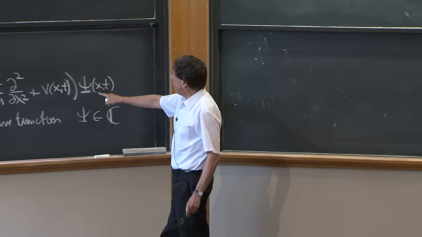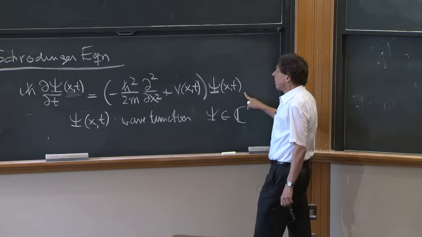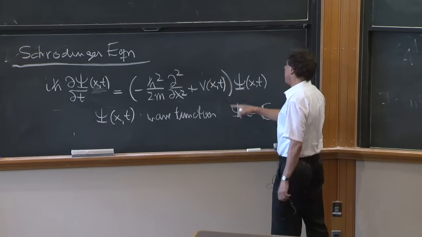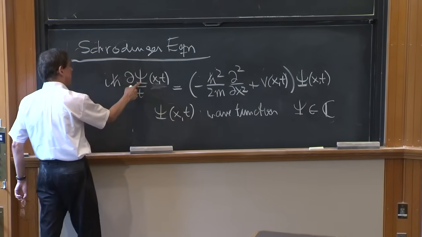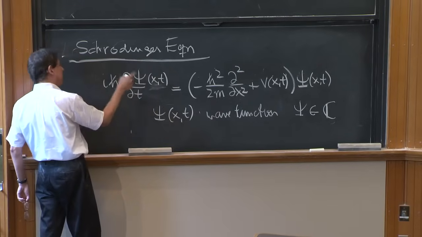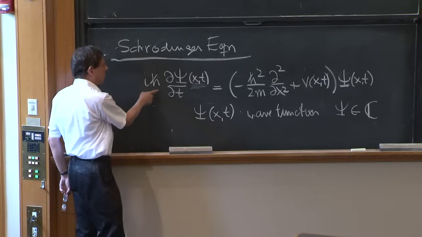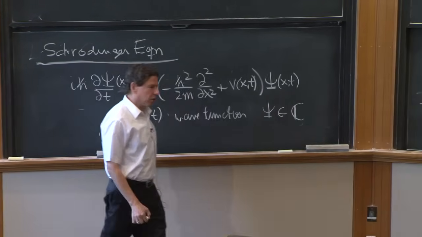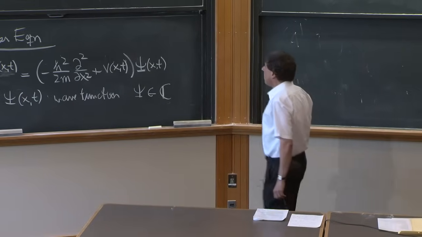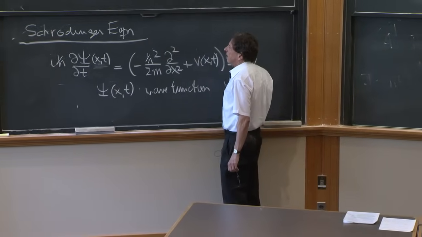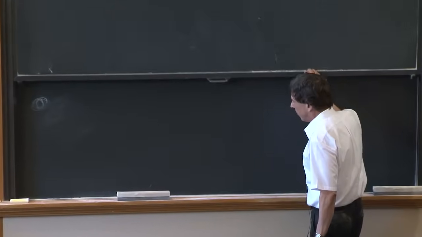If psi were real, the right-hand side would be real, since the potential is a real number. And the left-hand side, on the other hand, if psi is real, its derivative would be real, and this would be imaginary. So it's just impossible to get a solution of this equation if psi is real. So psi complex is really the fundamental thing that can be said about this wave function.